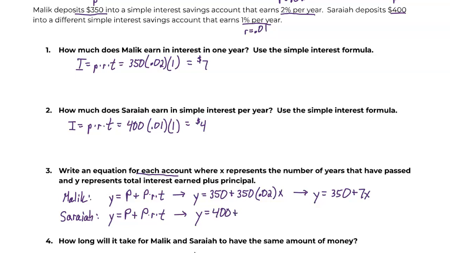And to find her interest, it was 400 times 0.01 times the number of years that she leaves the money in the account. We're told to use X for that. And once again, let's do one more simplifying step. Remember that 400 times 0.01 was $4 of interest per year. So we can write 4X.